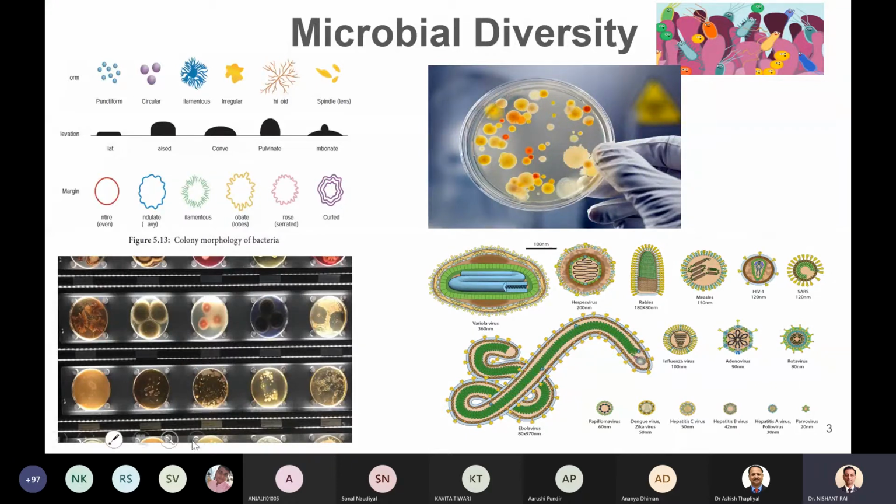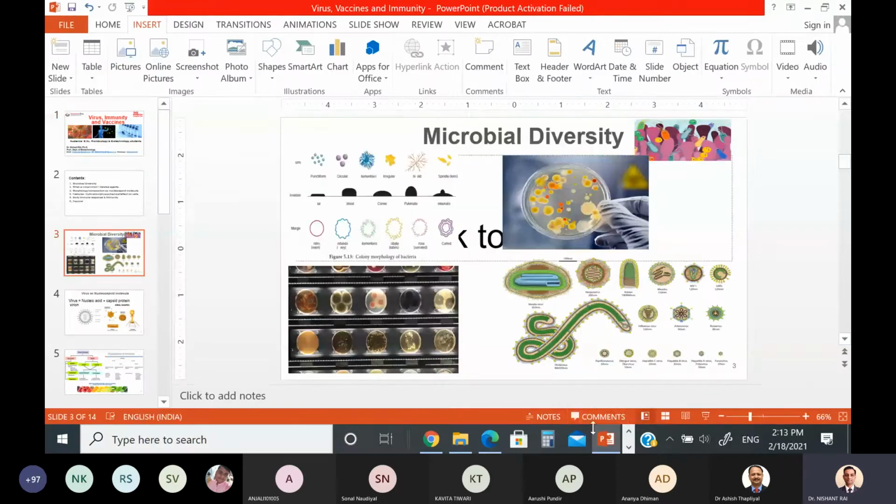Likewise, the same picture is also depicting different types of structures of organisms grown on a suitable medium. And on the right hand side, at the bottom, you will find different shapes of viruses, right? The circular shapes, the rod shaped, like filamentous shaped. So this all is giving you an idea that microorganisms are highly diverse.